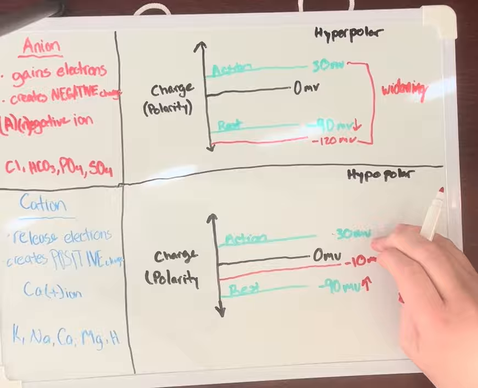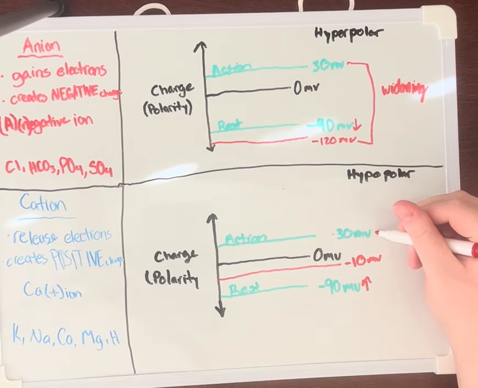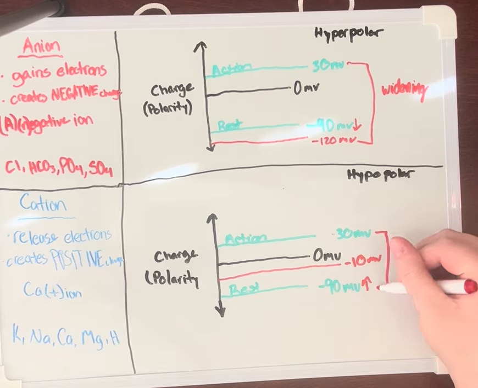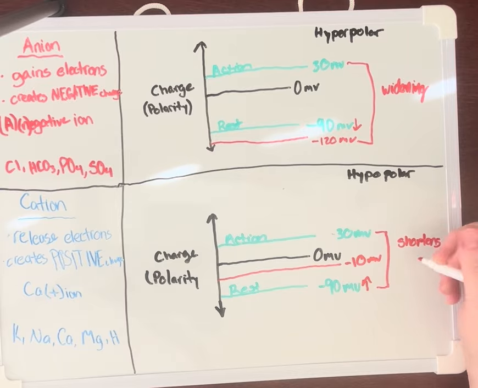So obviously, anytime you reduce a number, it's going to get there faster, right? And that's where your hyperactivity comes from. So again, keep in mind that this gap shortens or becomes hypo.